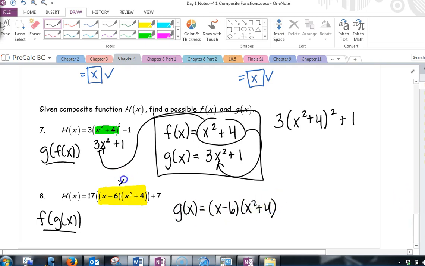And then remember, originally that whole thing was just an x. That means f of x has to be 17x plus 7. Okay, because then when you take this and plug it in for x, you're going to get that. All right. Okay, there you go.